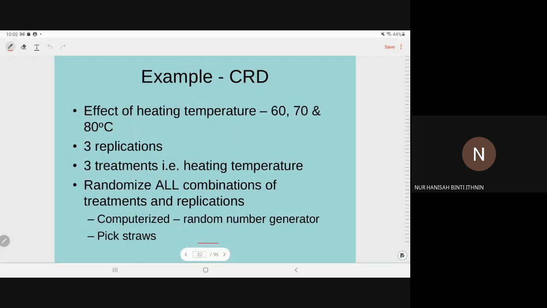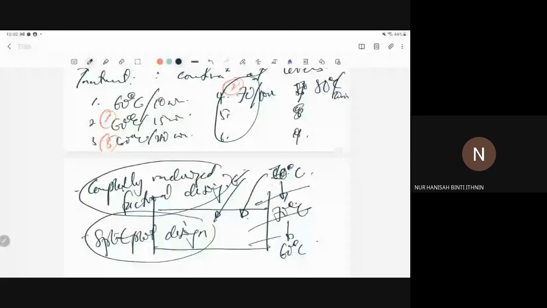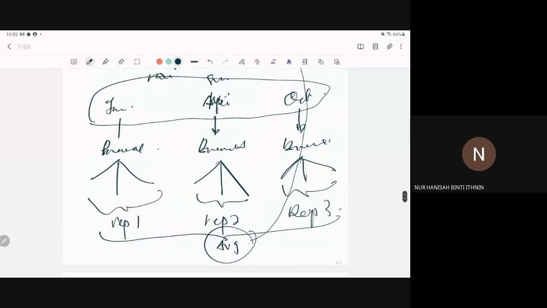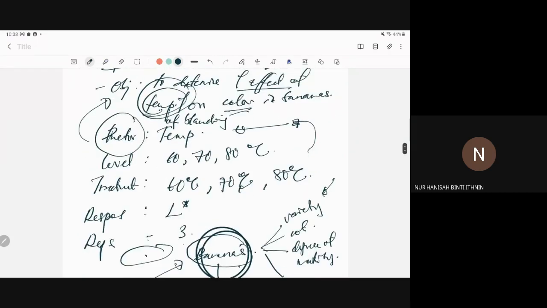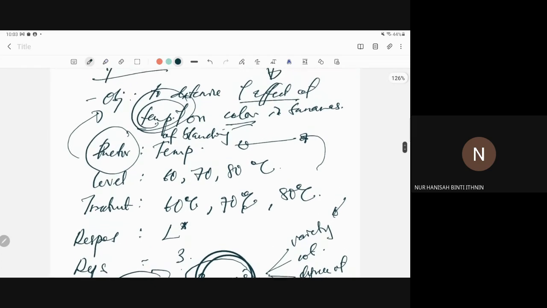So, an example. Let's take our example that we have done just now. This is a one factor experiment. We are going to determine the effect of blanching temperature on color in bananas.